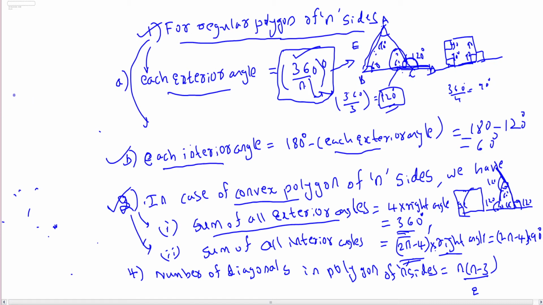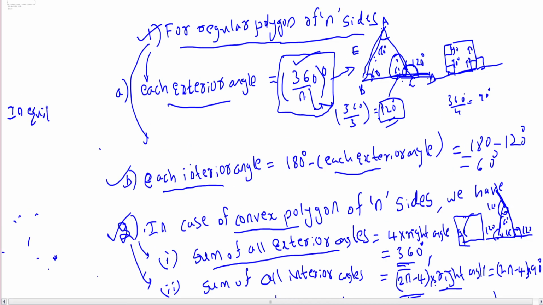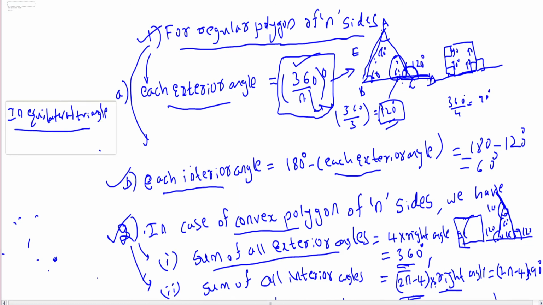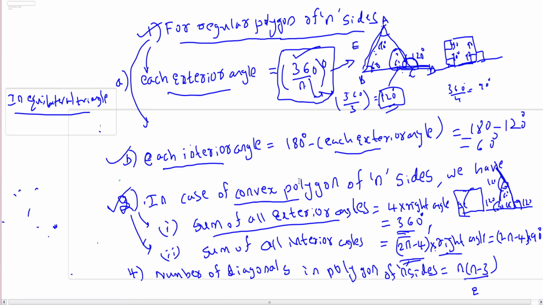For example, we can take an equilateral triangle. What happens in an equilateral triangle? The sum of all interior angles. For example, we have a triangle like this, called equilateral triangle ABC.